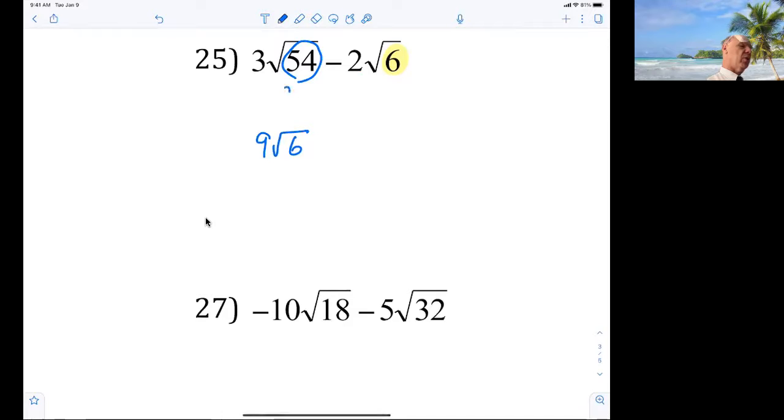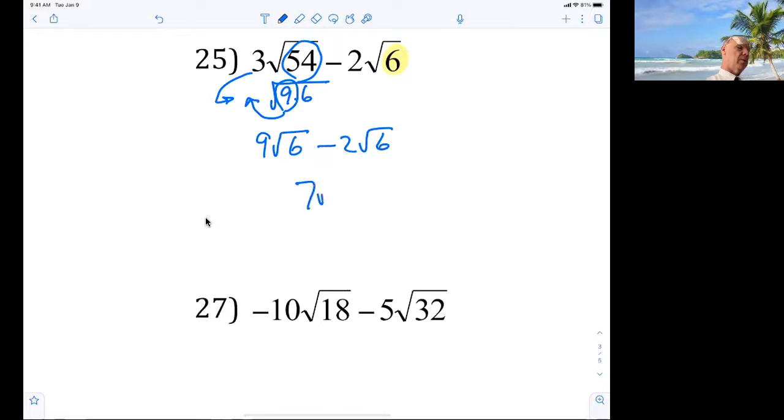So I'm just going to make sure you're good. All right, I'm making the notes. What's the square root of 9? 3. So when you pull that out, there's already a what? 3 out there. So 3 times 3. So now it's 9 radical 6 minus 2 radical 6, which is 7 radical 6.